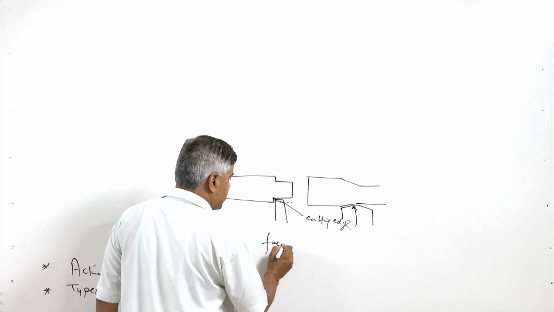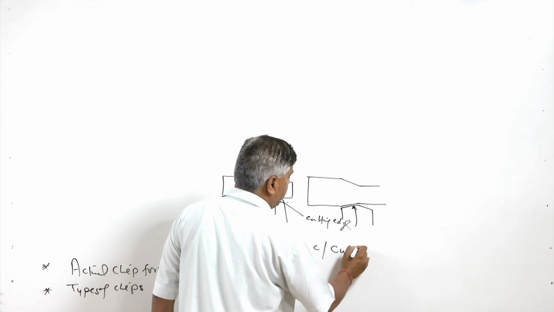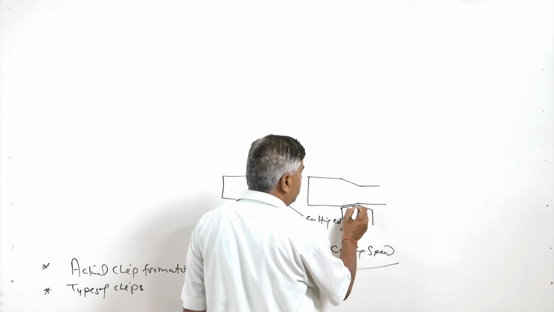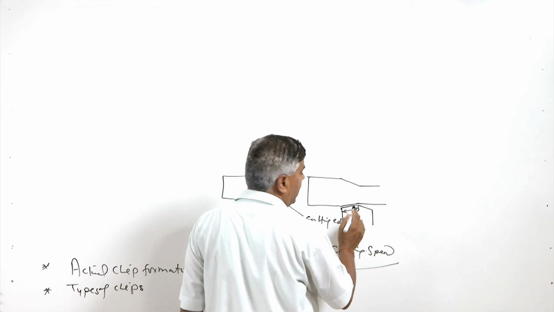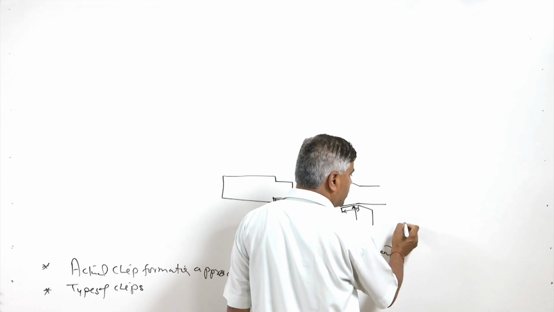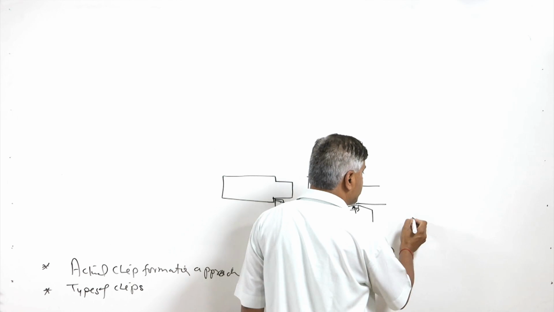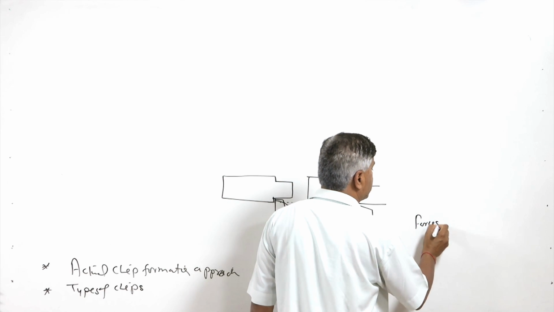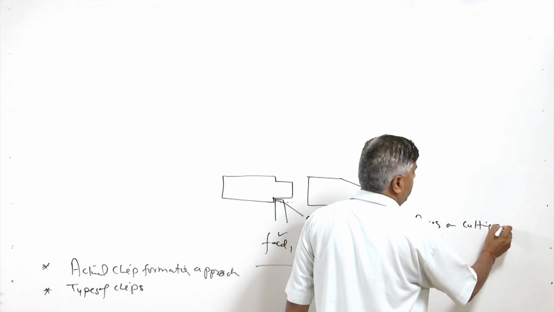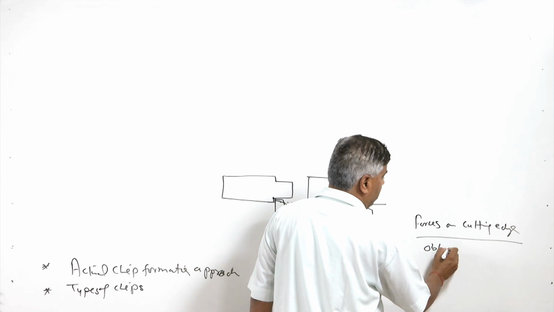So, in this case, for same feed, same depth of cut and same cutting speed, the interaction is over a much larger length of the cutting edge as compared to the orthogonal cutting, and because of this, under the identical conditions, the cutting forces, the forces acting on the cutting edge, will be distributed over a greater length in case of the oblique cutting.